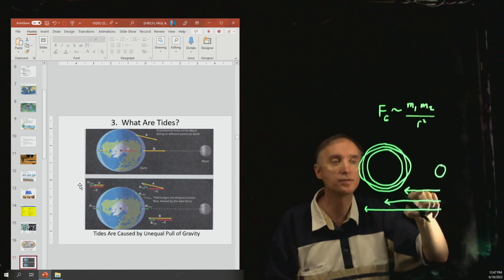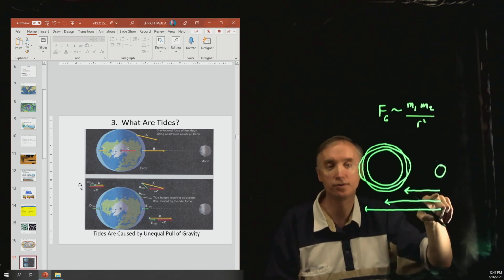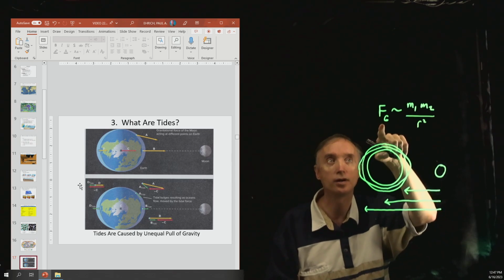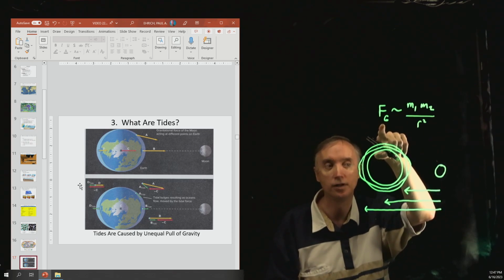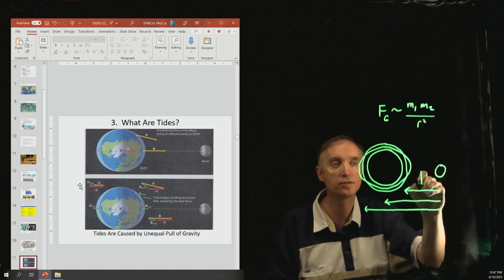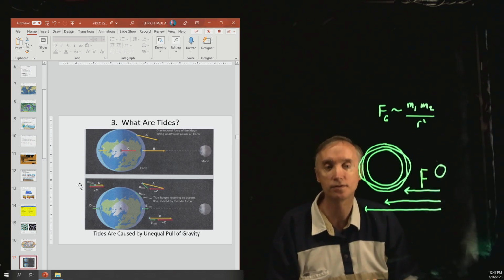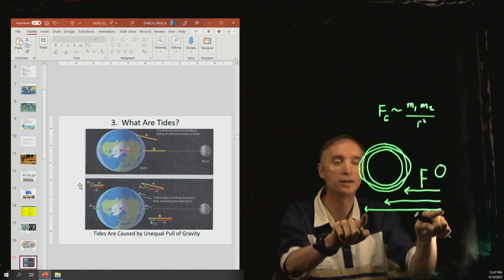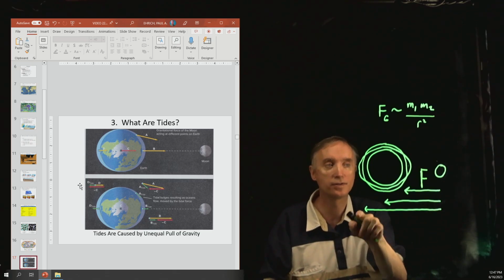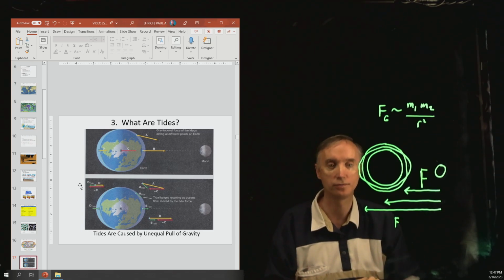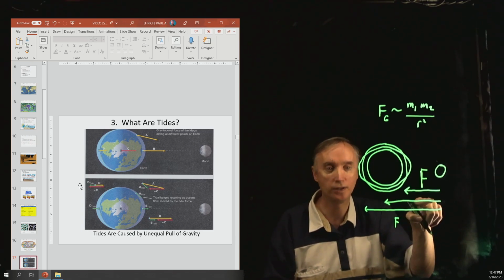Because this is a shorter distance, if you put a small number in for r, then what comes out is a big F. So this one is going to be experiencing the largest force because of the distance. This one down here has the longest distance, so it's going to be experiencing the smallest amount of force. And then this one's going to be in between.